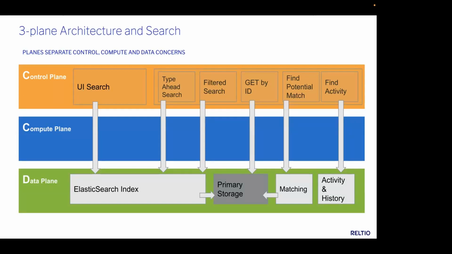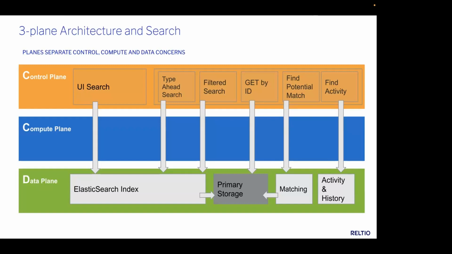And what's important to know here is how the top layer interacts with the bottom layer. So when you do a UI search, or a type-ahead search, or a filtered search, the first storage it will hit or use will be the Elasticsearch index, where we do not store any actual data, but instead we search references to the data in the primary storage mapped to the index, to get the filtered search results, basically.